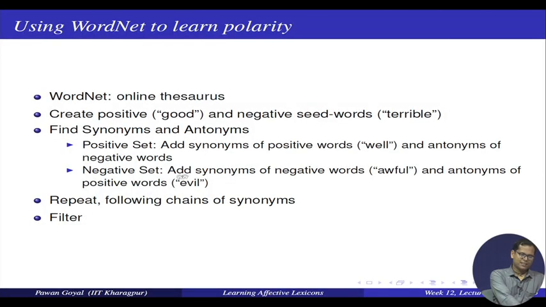So add synonyms for negative words and antonyms for positive words. Like you will get well in the positive set and awful and evil in the negative set, and this you can further repeat. Now you have got more words, you can keep on repeating that, and you might create some new seed sets whenever you feel this is not giving you further examples.